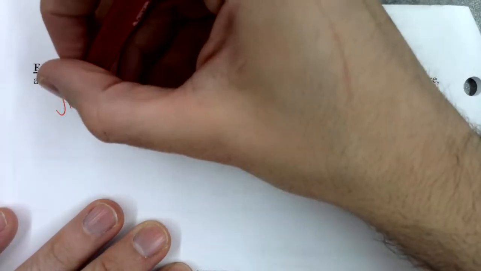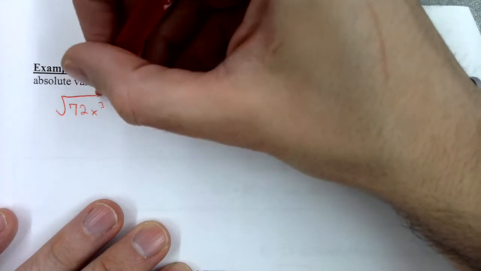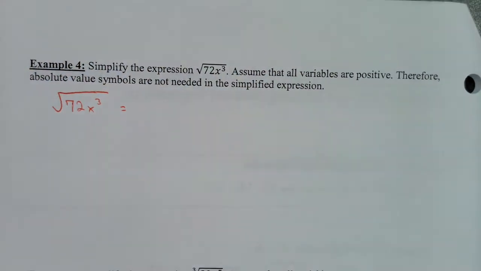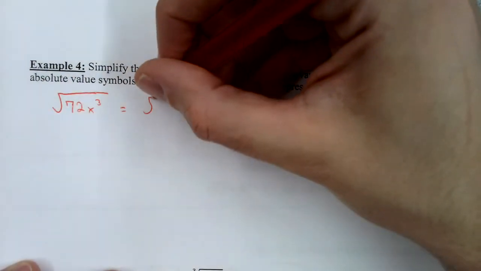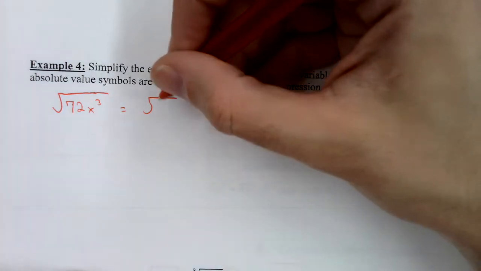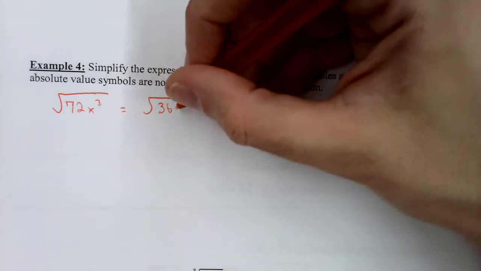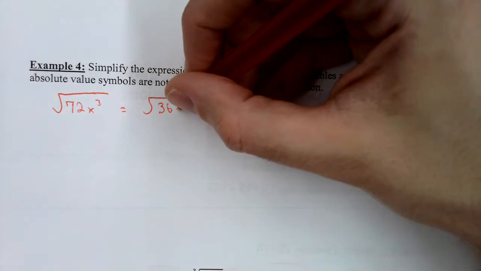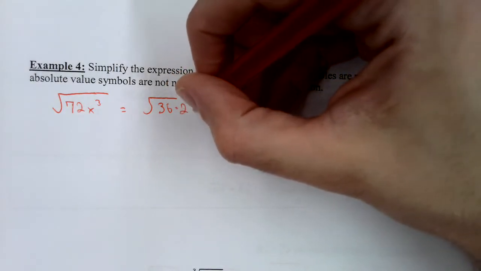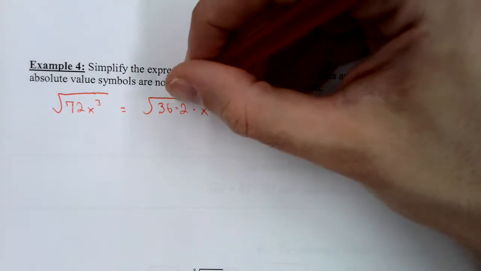Simplify the square root of 72x cubed. You can think about that as the square root of 72 broken down into the square root of 36 times 2 times x cubed.